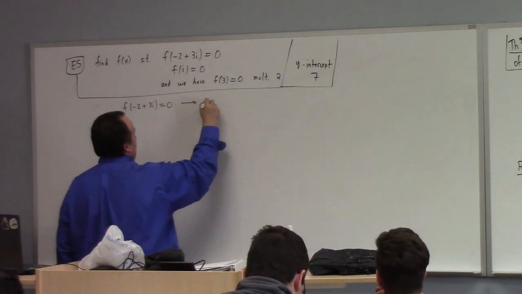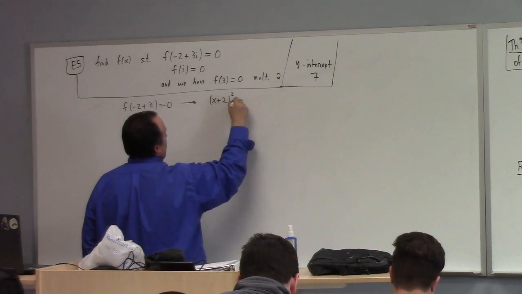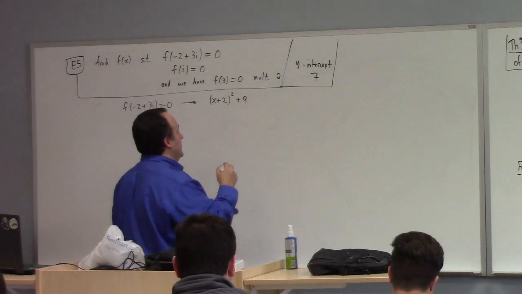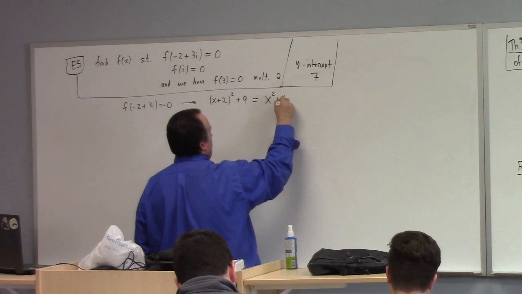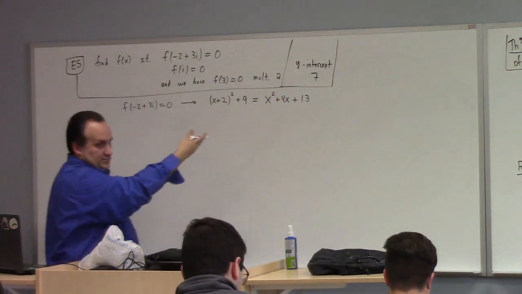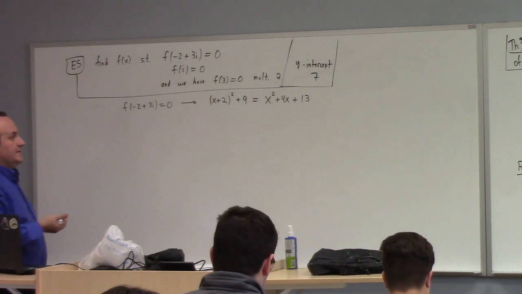That tells me that I want x plus 2 squared plus 9 as a factor. If you want, I can multiply that out: x squared plus 4x plus 13, as it happens. So that factor will have a zero of minus 2 plus 3i.